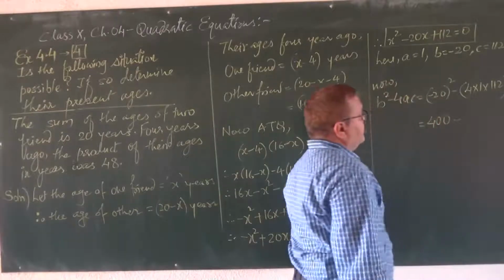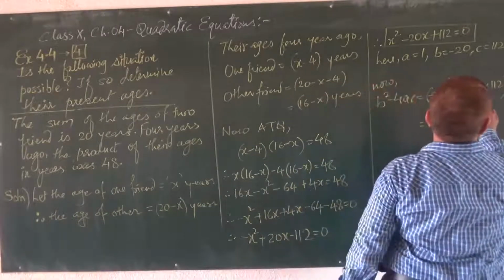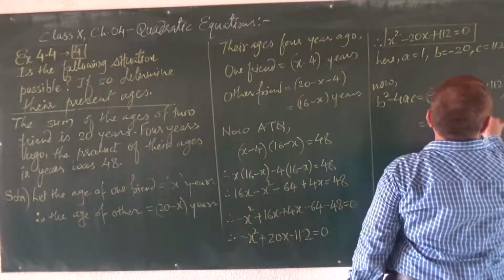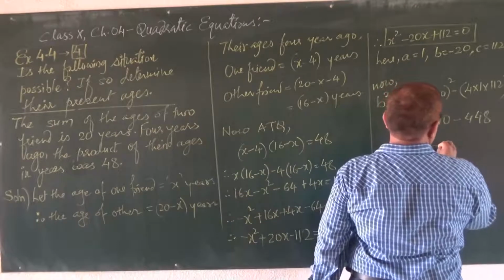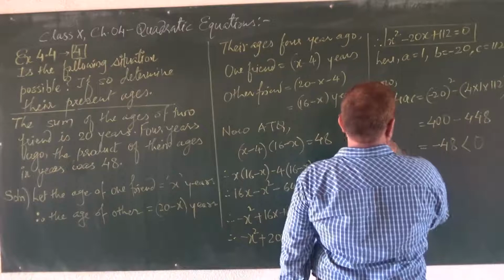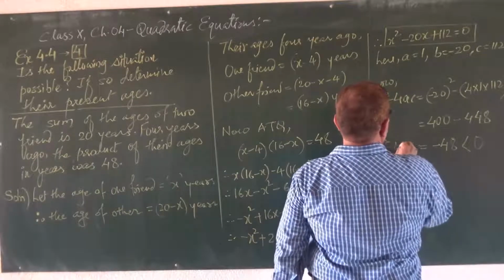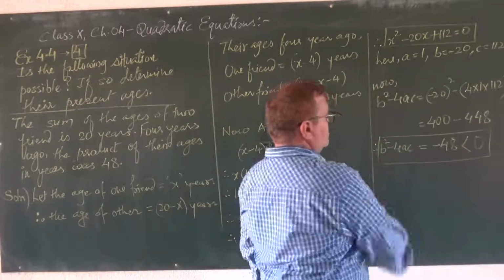Okay, this is 448, 4 2s are 8. So 400 minus 448 is minus 48, which is less than 0. So therefore b square minus 4ac is less than 0.